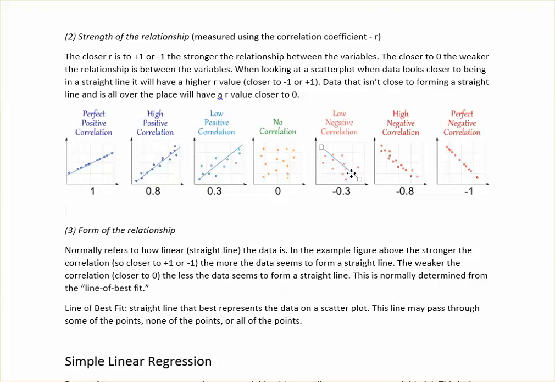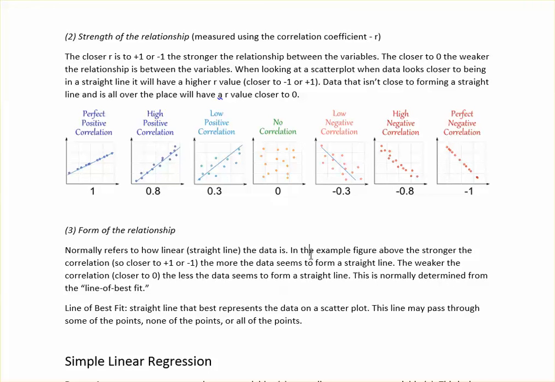It just has to do with how closely the data points fit to that straight line. In some cases, you can kind of eyeball it and say, okay, this looks like a high negative correlation.